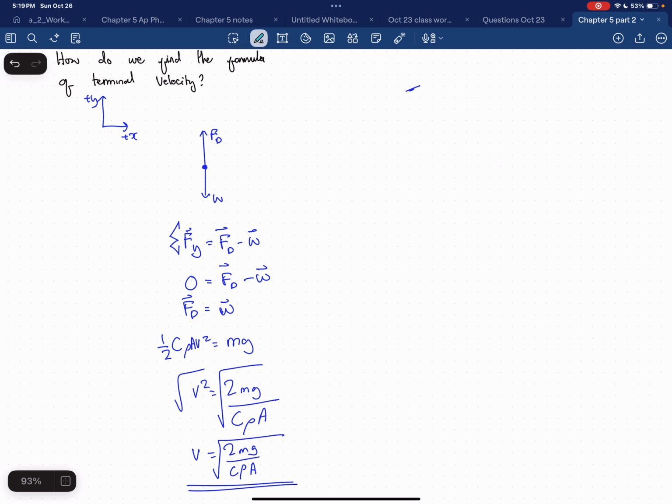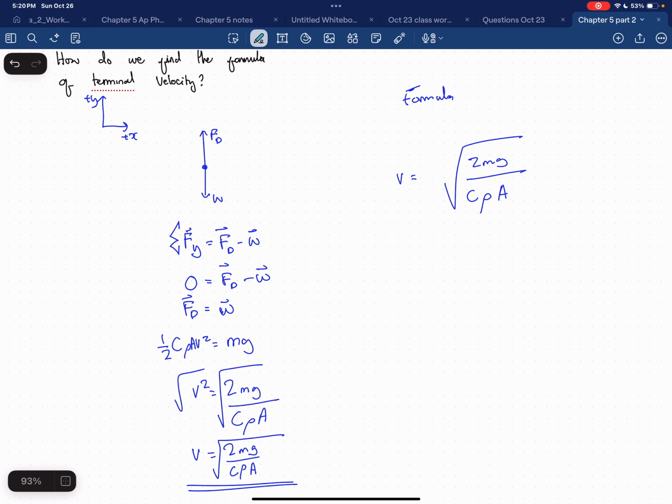So let's think about this formula. It's very interesting. We have v equals the square root of 2mg over C rho A. Our cross-sectional area, imagine I have a very wide paper.